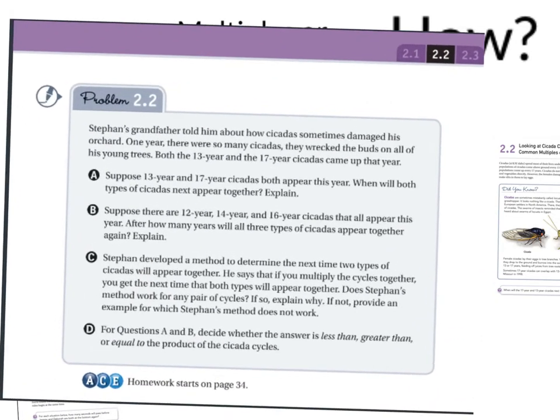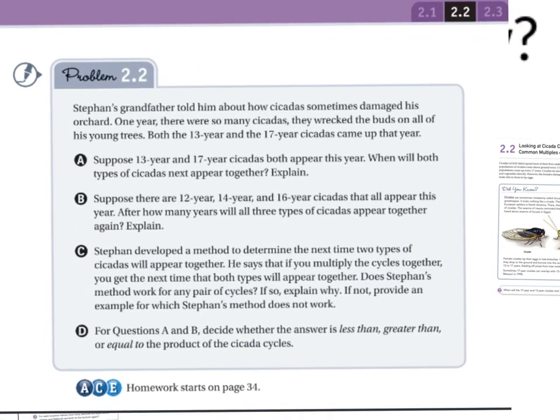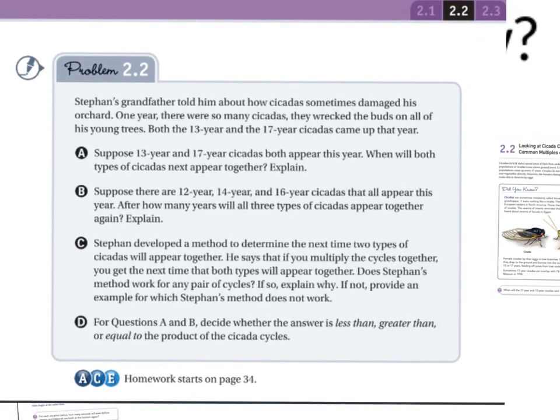And problem 2.2, it's kind of a problem that you can hear outside. 2.2 says, Stefan's grandfather told him about how cicadas sometimes damaged his orchard. One year there were so many cicadas they wrecked the buds on all of his young trees. Both the 13-year and the 17-year cicadas came up that year.